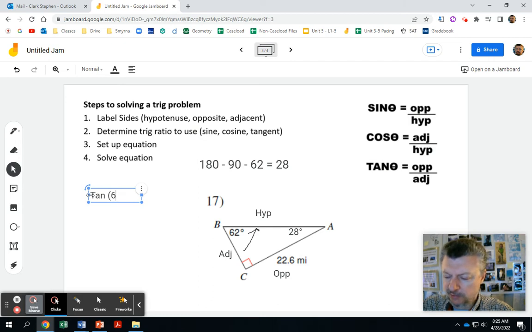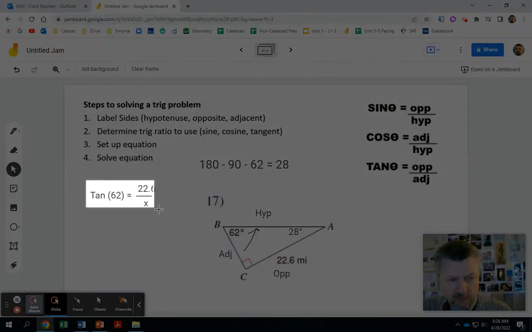I'm using 62. That's going to equal opposite over adjacent. The opposite side is 22.6. And the adjacent side will be x because we're looking for that side. There we go. Let me make this a little larger.